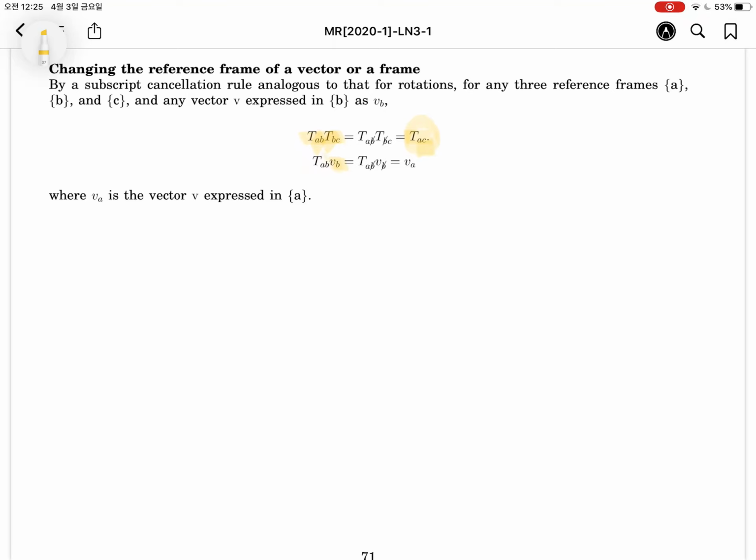Okay, if we multiply TAB in front, then using the subscript cancellation rule, we have VA. It is equal to the vector V expressed in the frame A. Like this, we can change the base frame.